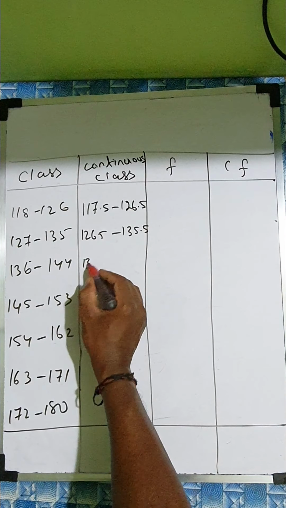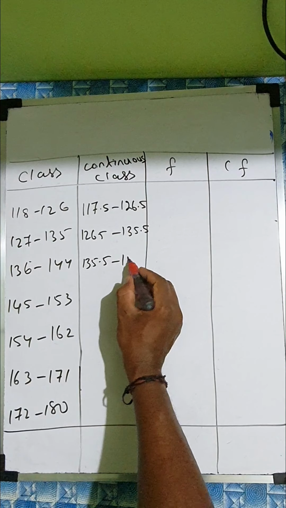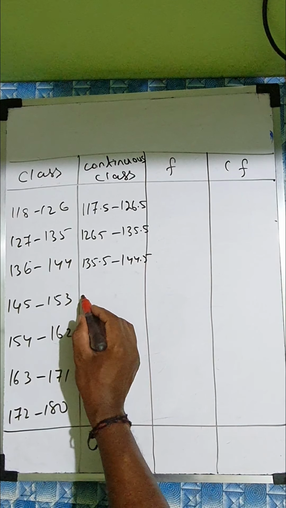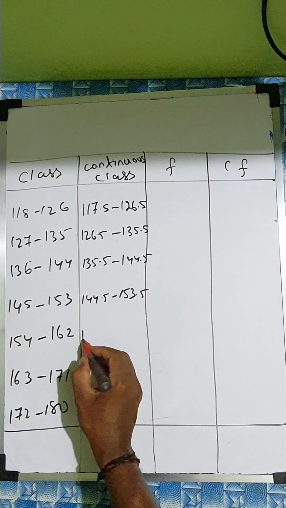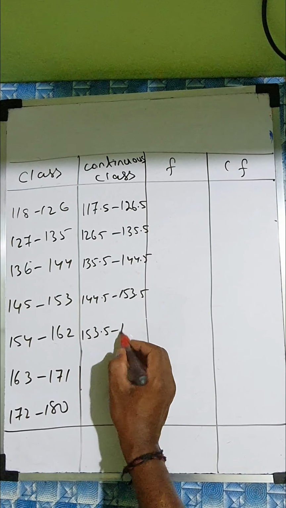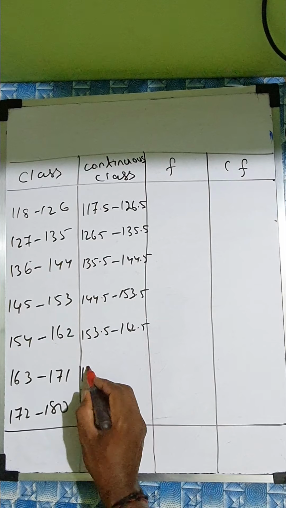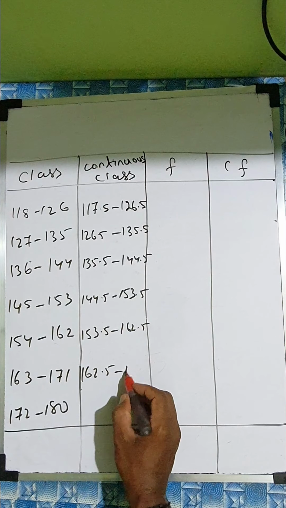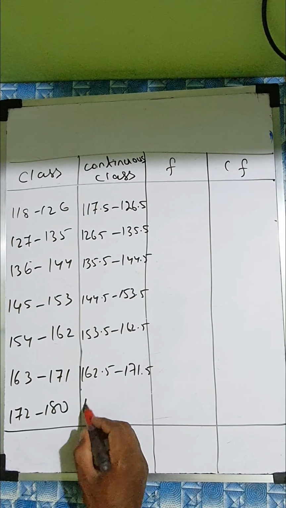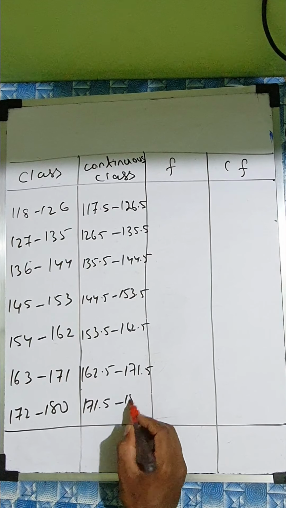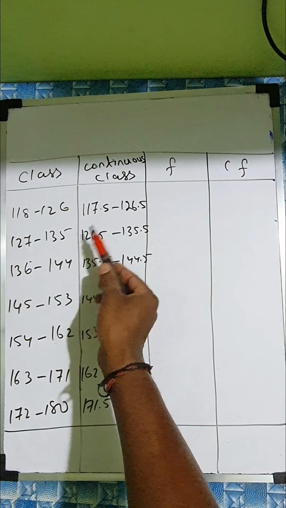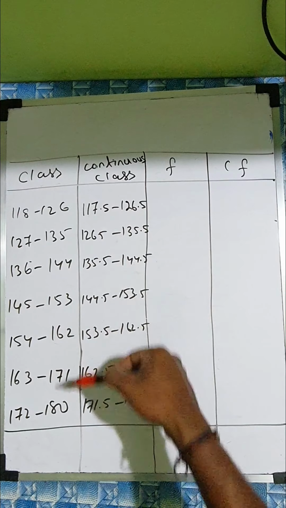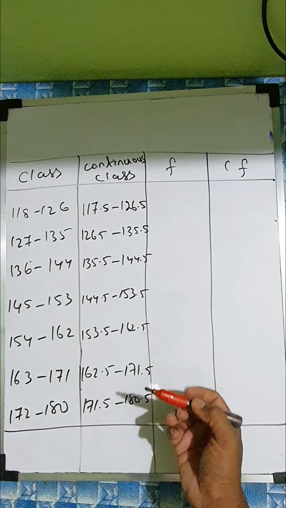Again bring here 135.5 to 144.5. Again 144.5 to 153.5, 153.5 to 162.5, 162.5 to 171.5, and 171.5 to 180.5. So only for the first one you subtract, after that for the second one you add, and then it's continuous, no problem.